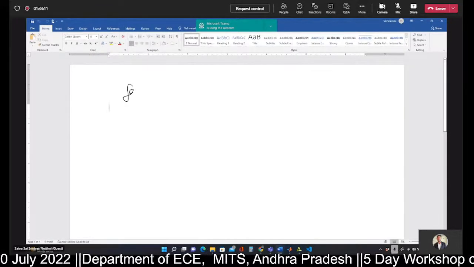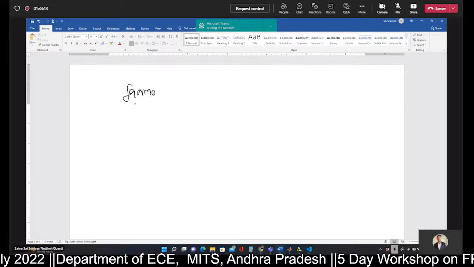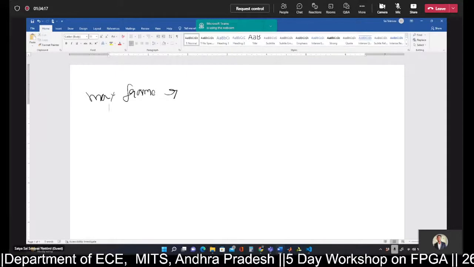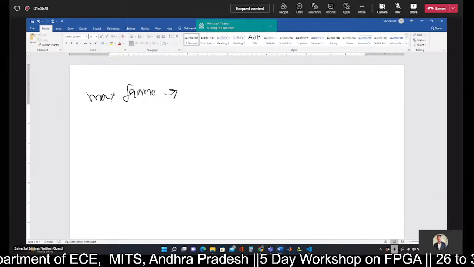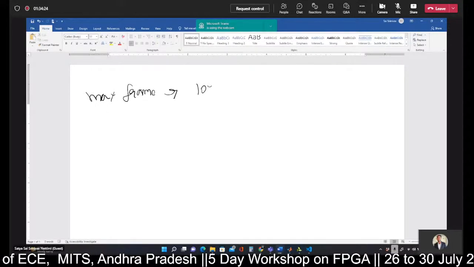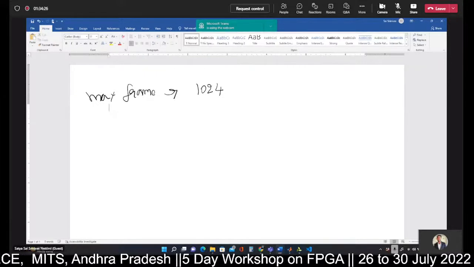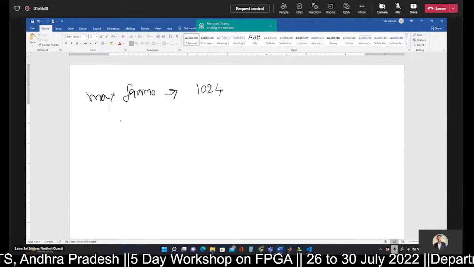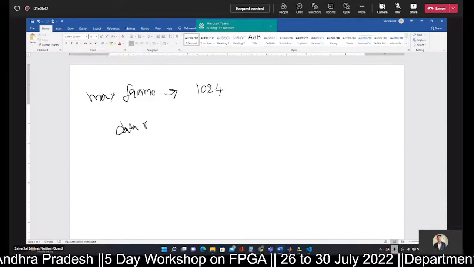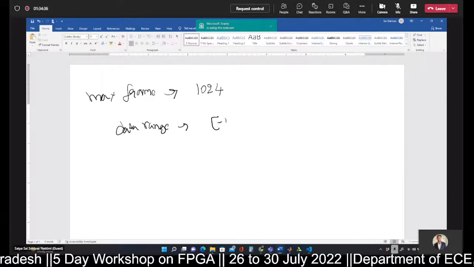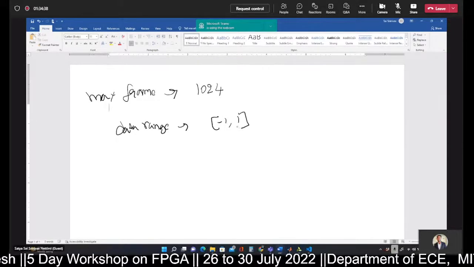So what is our frame size? The maximum frame size that I have considered in our design is 1024. And I told you the data range is -1 to +1.